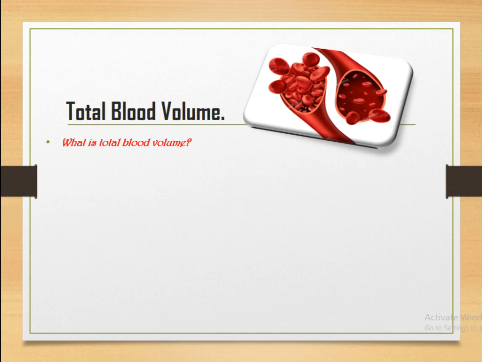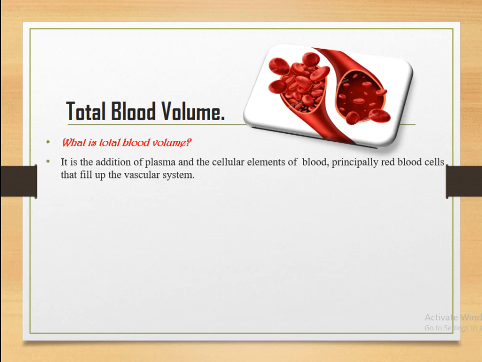When you talk of total blood volume, we are simply talking about the plasma and the cellular element, which is mostly the red blood cells. Total blood volume is the addition of plasma and the cellular element of blood.